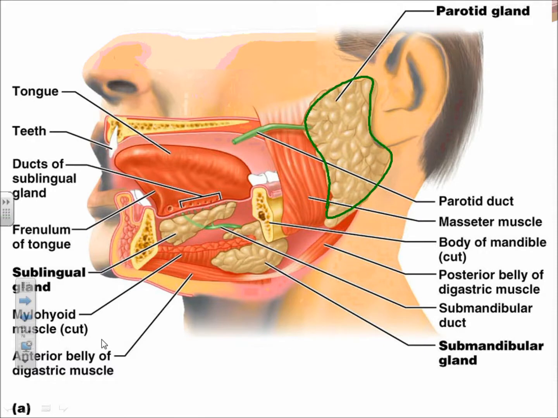The submandibular glands, underneath your mandible. Oops, I highlighted the sublingual. Submandibular here, and sublingual is underneath your tongue. These organs have tiny little tubes that squirt out the saliva. If you were to dissect your cat, you can actually find them in your cat too.